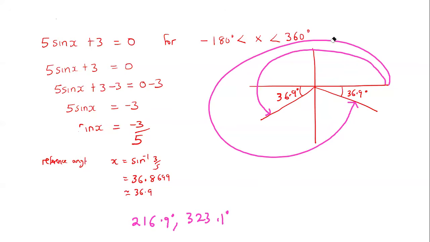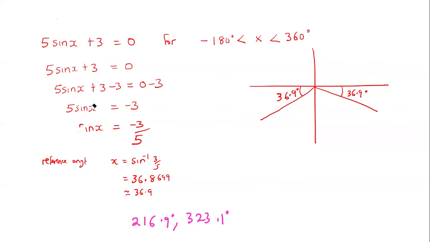And then again we get another one. We move from 0 up to where that angle ends in the fourth quadrant, and we get negative 36.9.